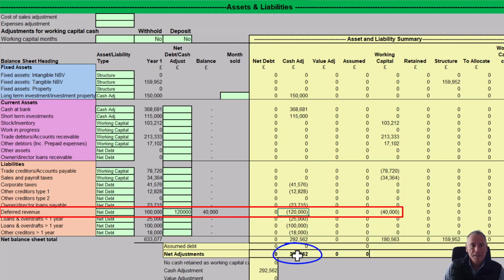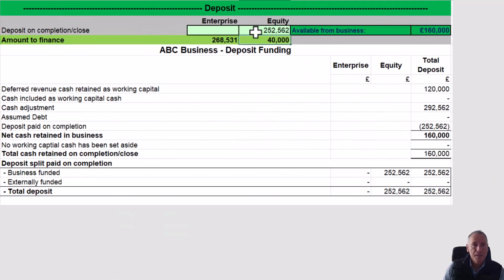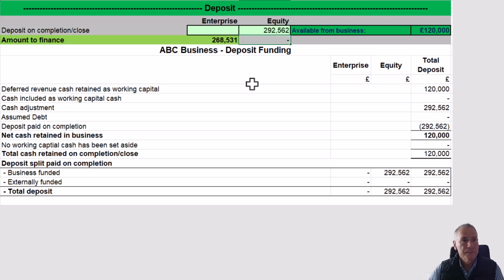So it will increase the amount of cash available to pay back to the owner by £40,000. And if we come across to the deposit, we'll have to increase that. So I'll delete that and then put in the new figure, £292,562. Okay, so that takes it back to what it was before.